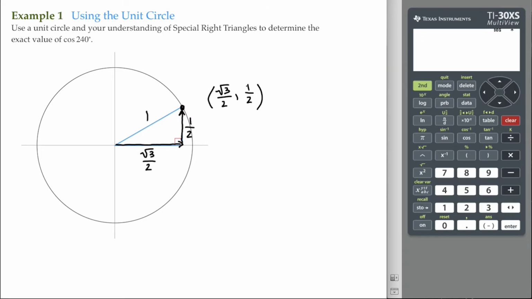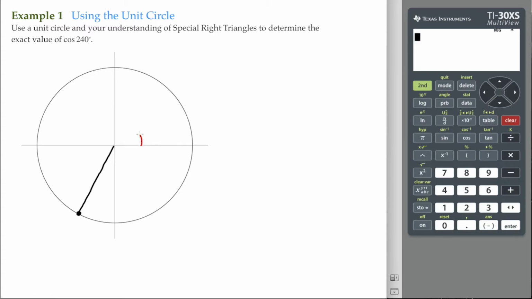So now that we have that understanding, for this problem it says use the unit circle to determine cosine of 240 degrees. Well, cosine of 240 degrees will probably come in somewhere over here. So 240 degrees probably comes all the way around like this. That's our 240 degrees. This is 180 degrees, that's our straight angle.